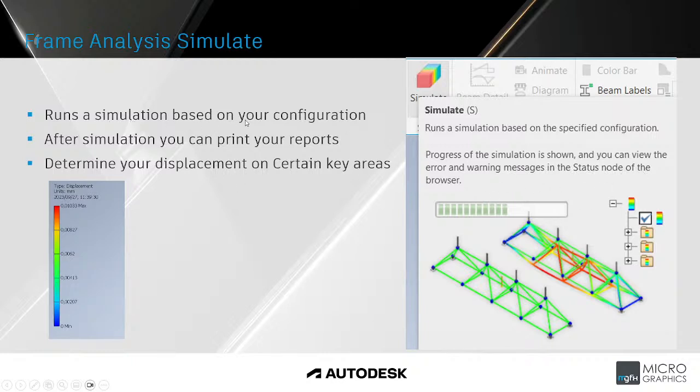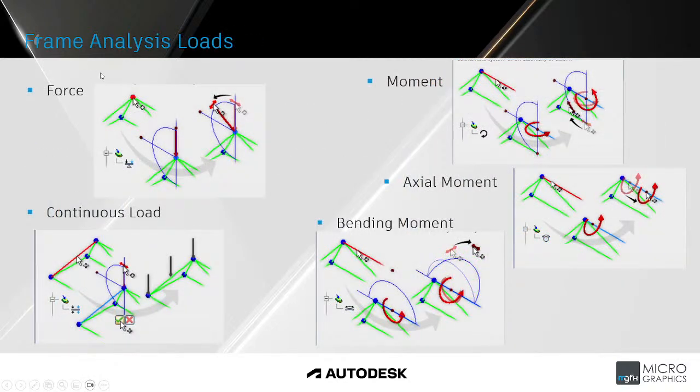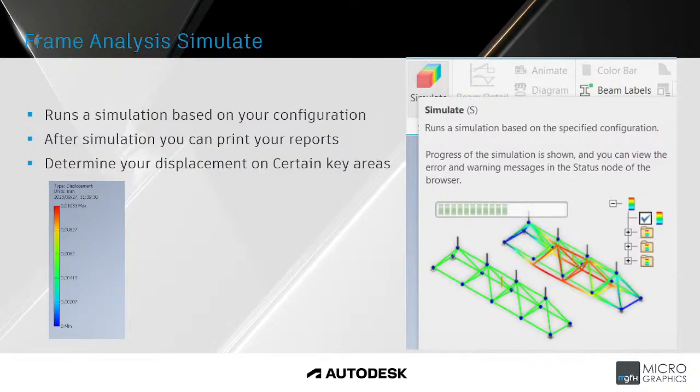So when you run a simulation, you can configure it with your different simulations, and as I mentioned, with your different types of forces. Your simulation will go hand in hand with your different force or continuous loads. Depending on what you select here will be the outcome of your simulation.